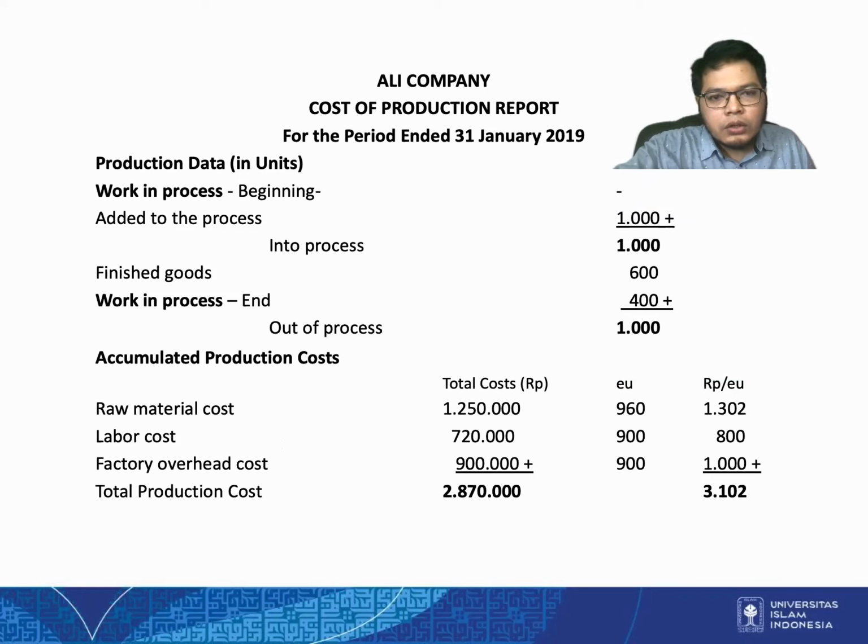The total raw material cost we get from the previous one, and we have the equivalent unit. We can just divide them, and then we get the cost per equivalent unit. See the total product cost, the total cost per equivalent unit.